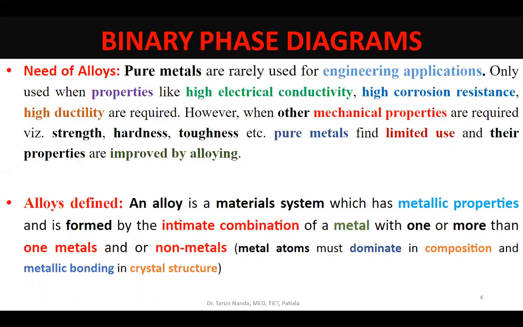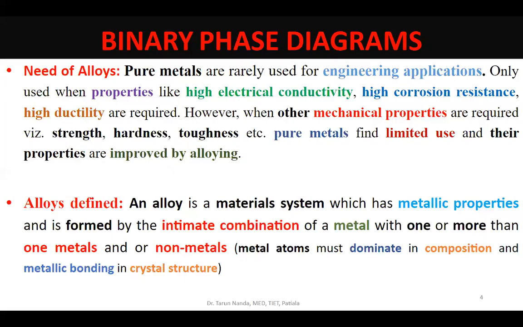You see, when extractive metallurgy has been done and you have obtained the metals in their purest form, most of the metals would be good in some of the physical properties, like corrosion resistance might be very good, or ductility might be very good, luster may be very good, electrical and heat conductivity might be very good. But when it comes to engineering properties like strength, hardness, impact strength, resilience, etc., metals do not show up very well.